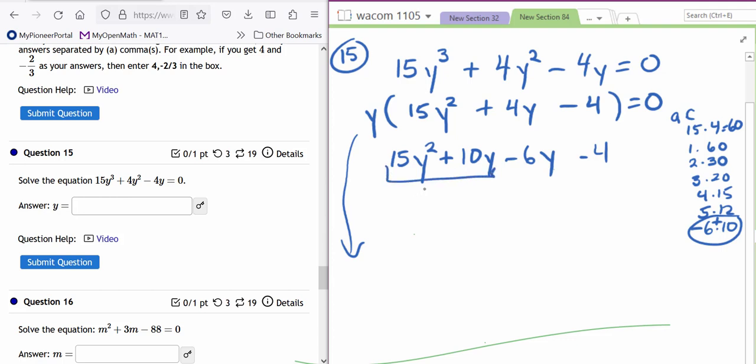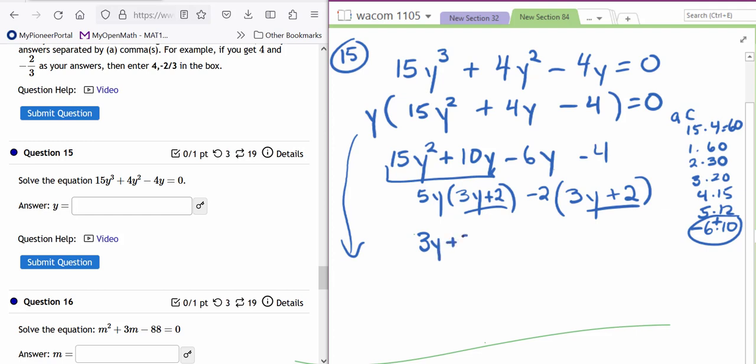So here we can take out a 5y, and that leaves 3y plus 2. This one will take out a minus 2, and that leaves us a 3y plus 2 because we took the minus to the outside. We did get the common binomial, 3y plus 2, and we'll pick up the missing pieces, 5y minus 2.